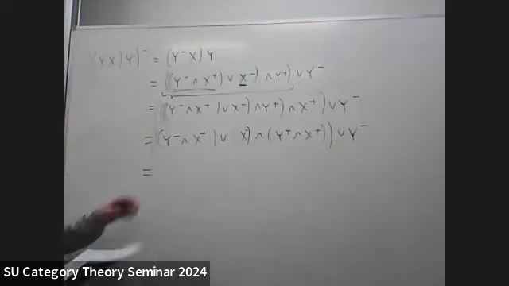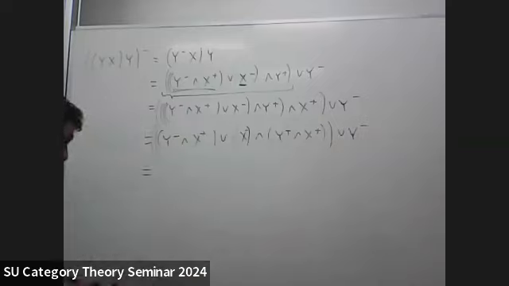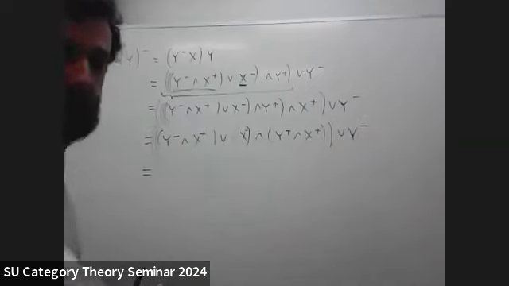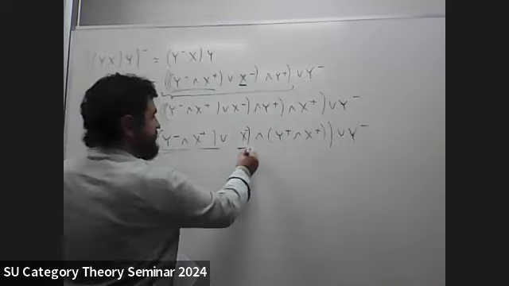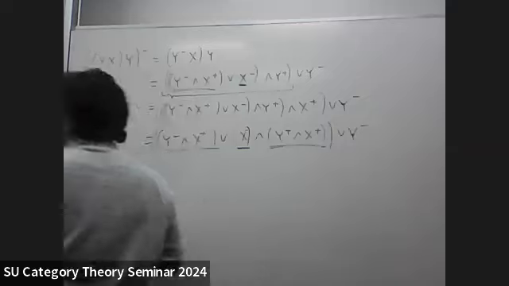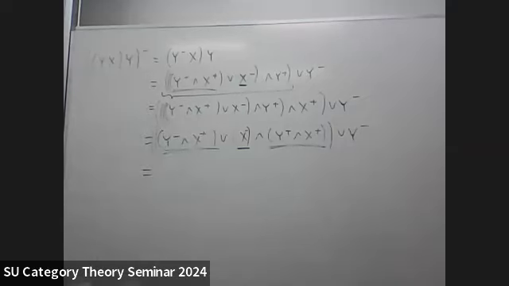And inside here, I notice a term that has the following pattern. Something joined with something else and then meet with something else. And if you recall the modular law, I've got something joining with something and meeting with something else. I think this x here should be less than z in order for the modular law to work.